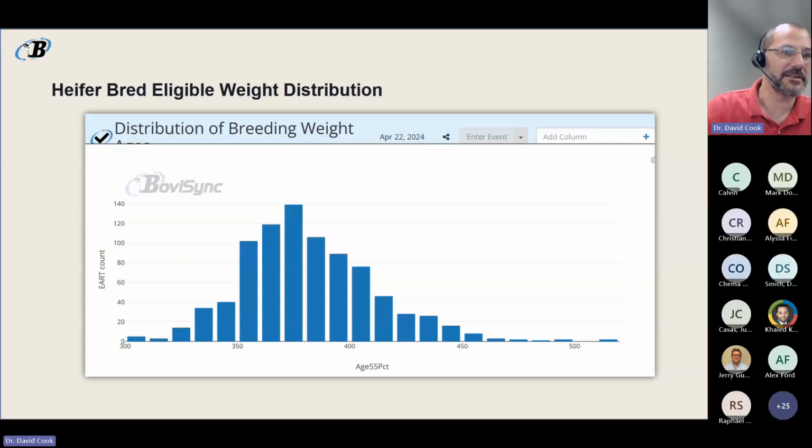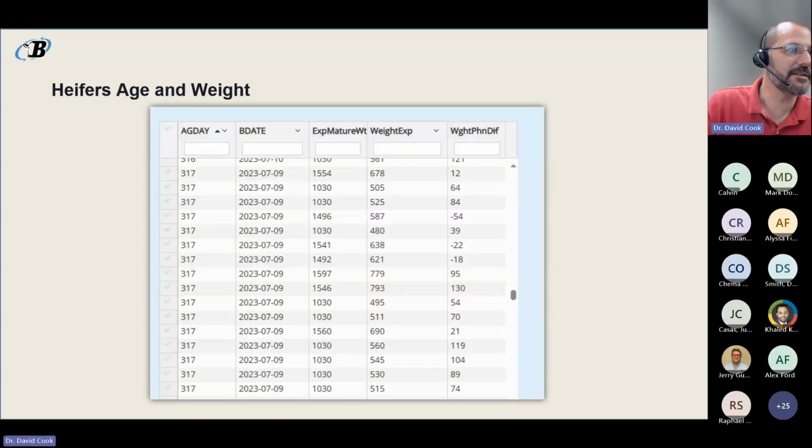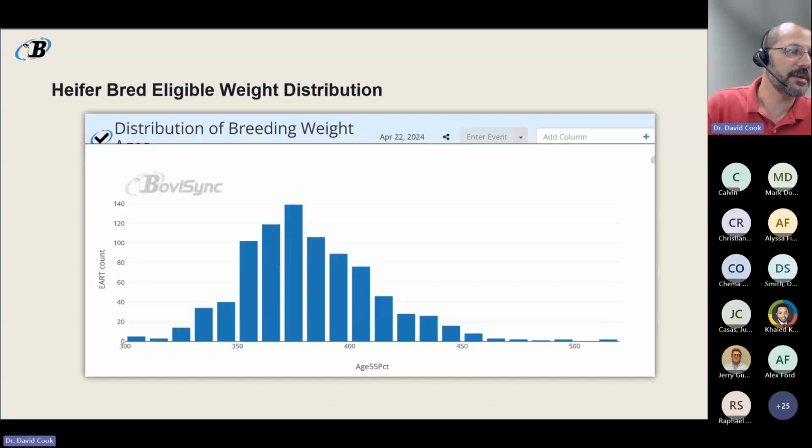So if I come back to this individual animal here, that's 317, she's underweight, she's going to be farther out, but this other animal here that's 130 pounds over, she's going to be sooner. And so that's what's making up some of this distribution. And so there's a report item for the age at 55%. It tells you how many days old they're going to be when they get to that 55% mature body weight.